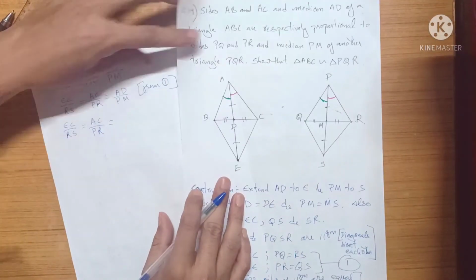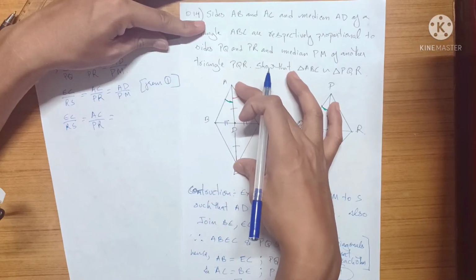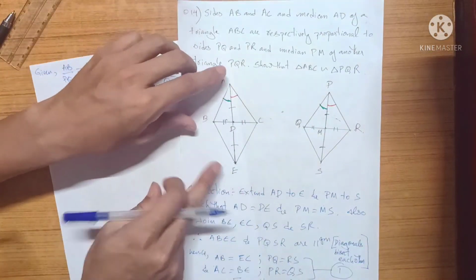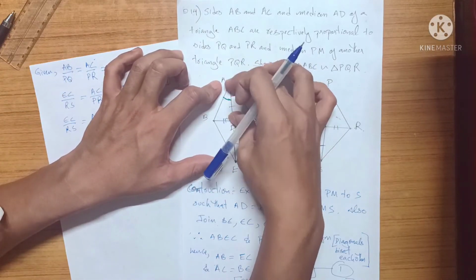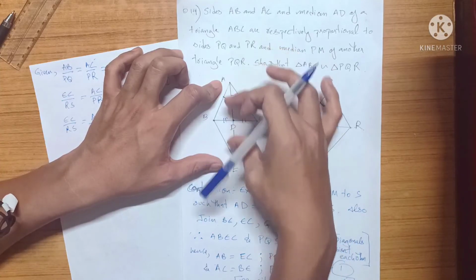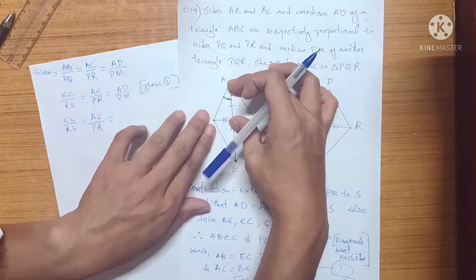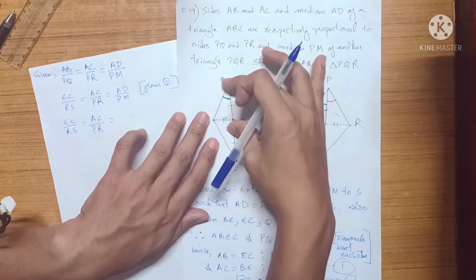Now instead of AD, I'm going to write half of AE. Got it? Because since we extended this in such a way that this and this are equal, if AE is 20 and this is 10, 10. So instead of AD 10, I can write 20 divided by 2, which is 10 only. So if this is full, this is half, this is half.